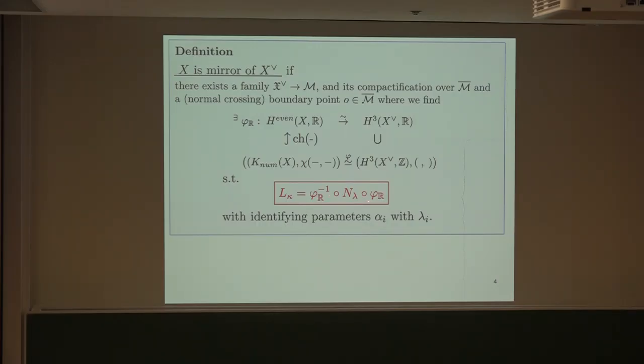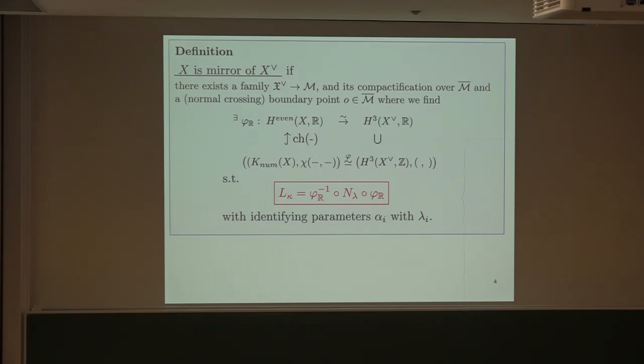So two parameters, alpha i and lambda i, are introduced here. And when claiming this equivalence, somehow they identify parameters. The simplest way is to just identify alpha i equal to lambda i.